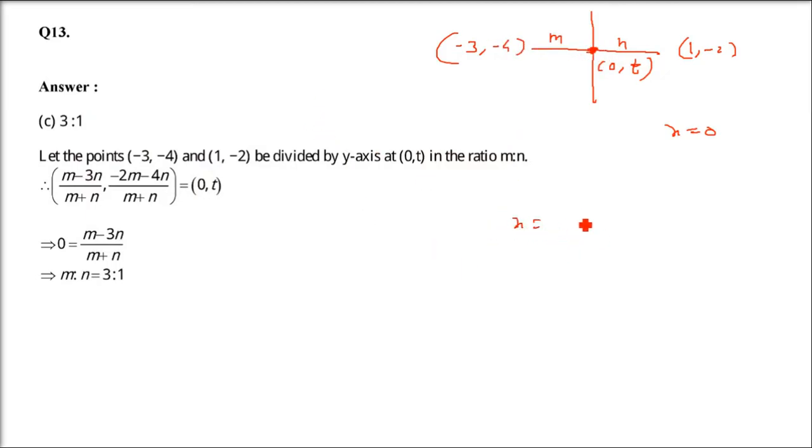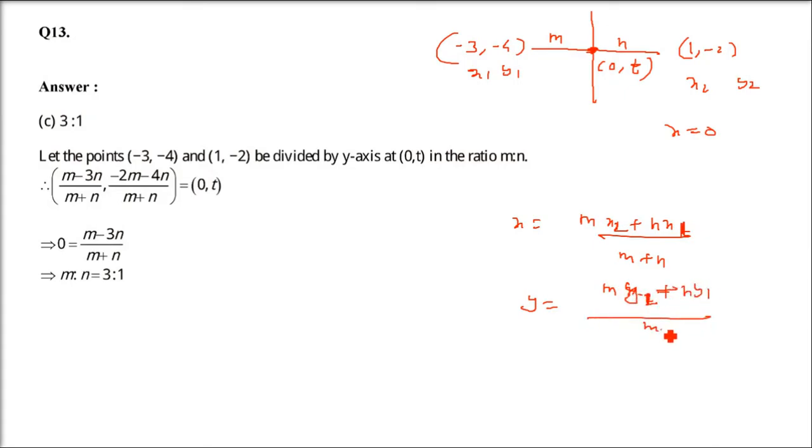As I told you, x equals mx2 plus nx1 by m plus n. I'll just correct this, it is not mx1 plus nx2, it is mx2 plus nx1. And y will be my2 plus ny1 by m plus n.